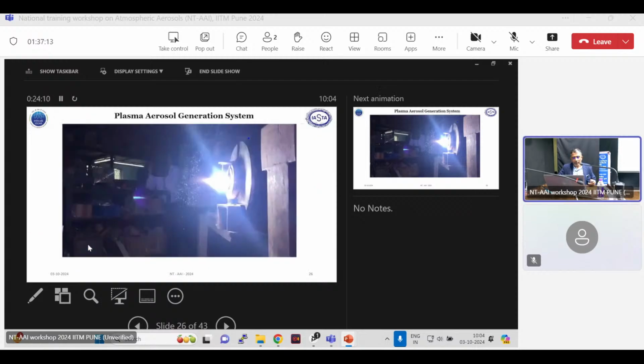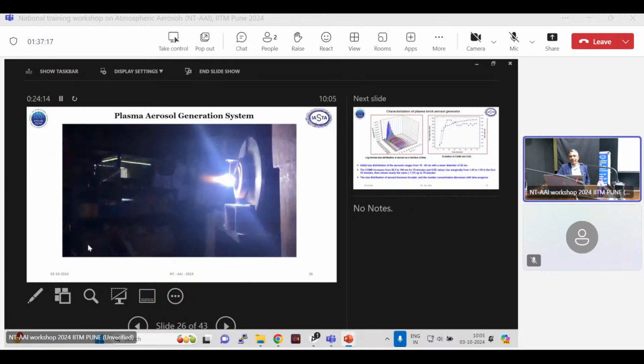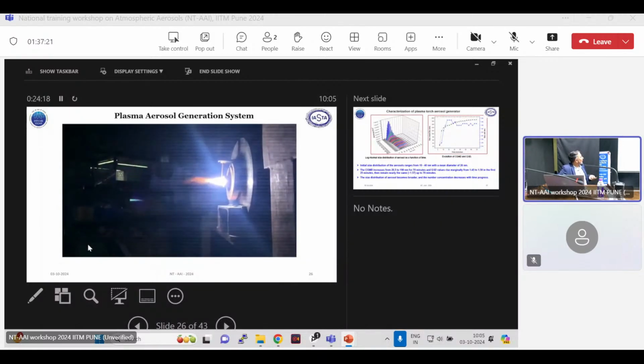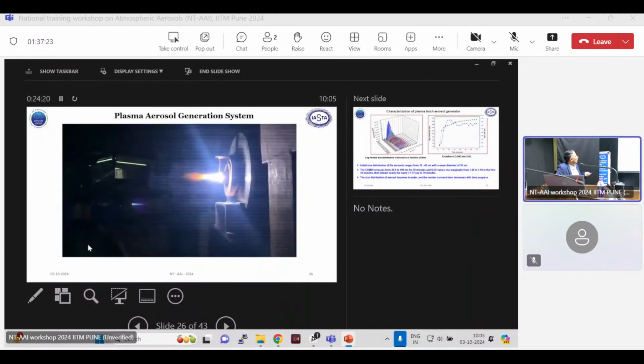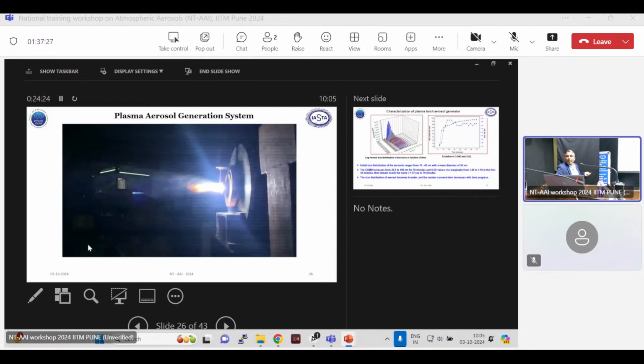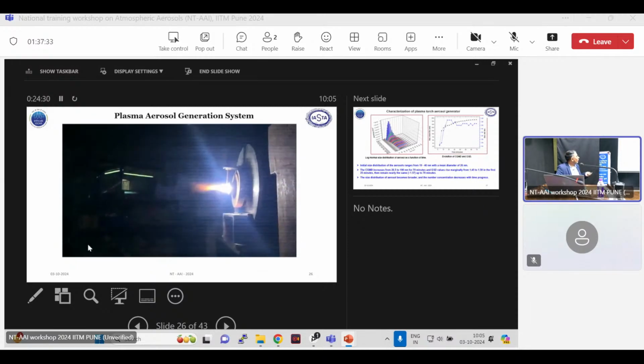So I just want to show the video of the plasma flame which is injected from the plasma torch. If you see, this is the nozzle of the plasma torch, and this is the plasma flame. The flame temperature inside may be 5,000 to 7,000 or sometimes 10,000 degrees centigrade. Any powder you feed from here will simply become gas phase, meaning vapor.